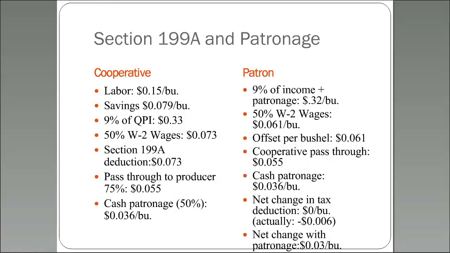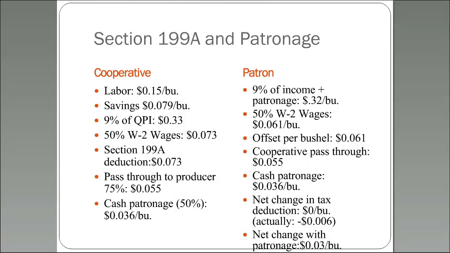So you can see with representative numbers, it's all driven by the half of the W-2 wages, and a typical co-op could pass on a good portion of their pass-through, and have enough to make the producer whole, to make up for their offset, and so they would have the same 20% deduction as someone that delivered to an independent firm.